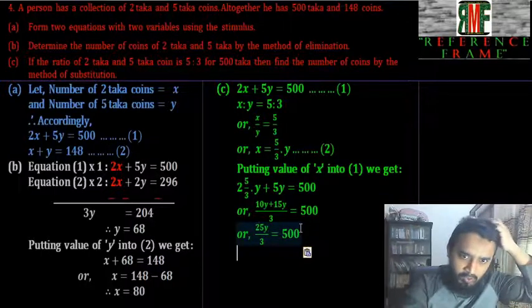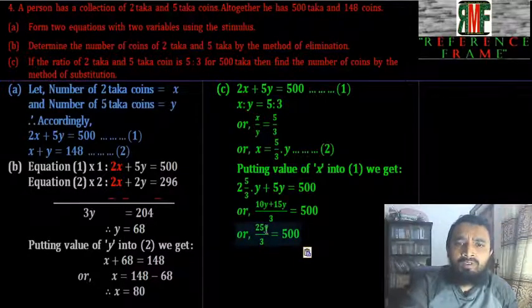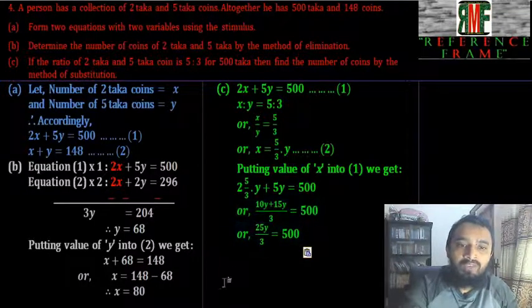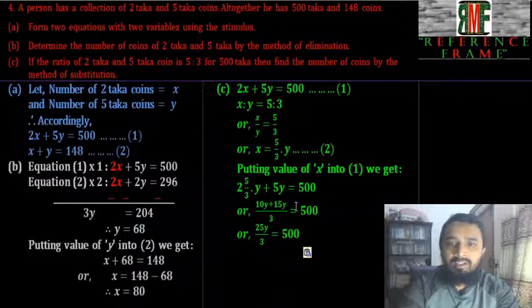Now all we need to do is find out the value of y. So we will shift 25 and 3 to the right hand side, so they will be reciprocal on the right hand side. That means 3 will be on the numerator and 25 will be on the denominator, as you learned in the earlier tutorials.